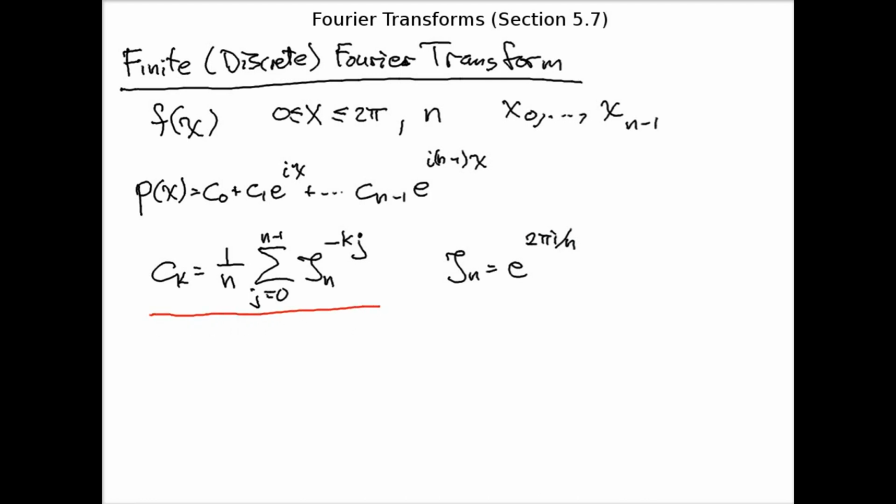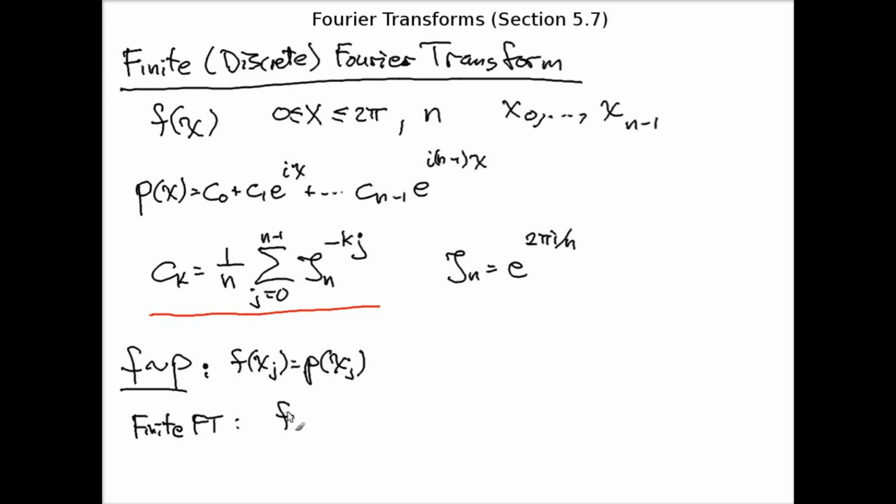And we've seen that f and p satisfy this relationship. They have the same vectors. f of x_j is equal to p of x_j, which is to say, as far as sampling these points goes, p is just as good as f. And the finite Fourier transform is the map which takes this function f to this vector c_0, c_1 through c_{n-1}.